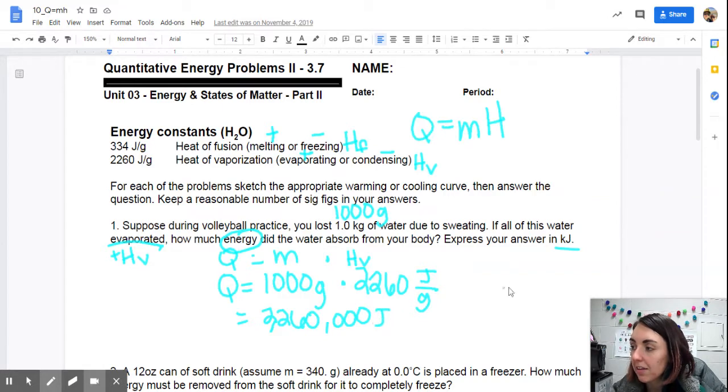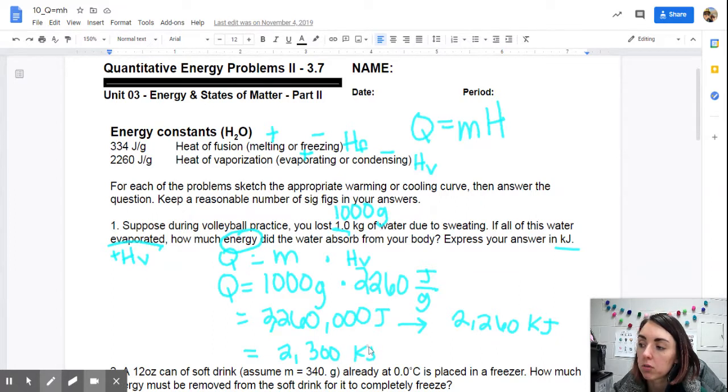That's a lot. That's why the answer asks for kilojoules, because it's a big number. When we put it in kilojoules, we make it a little more manageable. So that'd be 2,260 kilojoules. And of course, we're going to round that to sig figs because we love sig figs. The only thing we've got to go off of here is this 1.0 kilograms, so I'm going to round it to 2 sig figs, which would be 2,300 kilojoules.